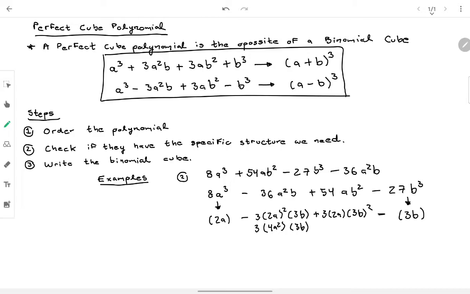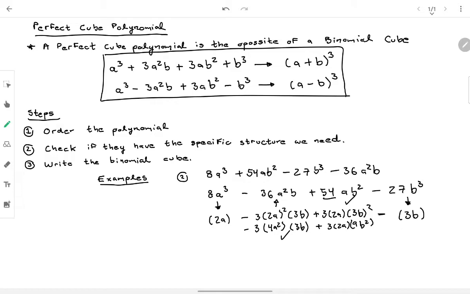So it's going to be 3 times 3, it's 9, times 4, it's 36. So yes. Let's check the third one. It's going to be 3 that multiplies 2a that multiplies 9b squared. So if we multiply 3 times 2, it's 6, times 9, it's 54. I have a and b squared, so yes, it applies.